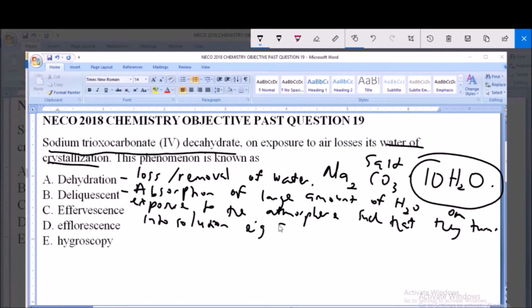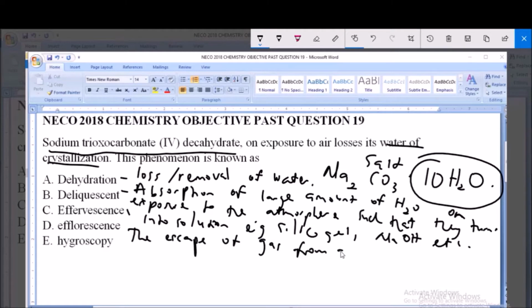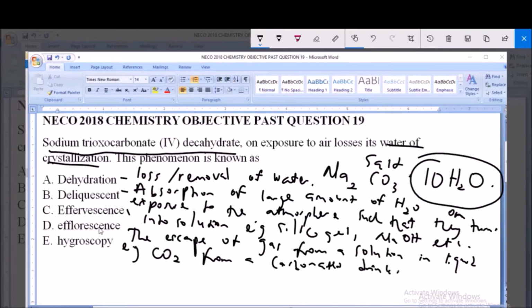An example is seen in silica gel, sodium hydroxide, etc. Option C, effervescence, refers to the escape of gas from a solution in liquid. A good example is when carbon dioxide bubbles escape from a carbonated drink. So that is effervescence.